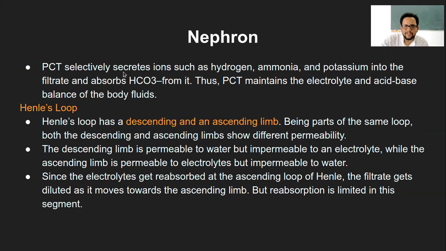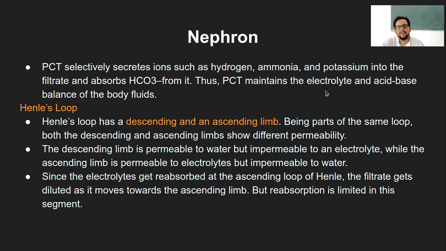Along with this, the PCT selectively secretes ions, depending on which ions they are and how much is present within the blood. The PCT will secrete ions like hydrogen, ammonia and potassium into the glomerular filtrate and will absorb the bicarbonate from it.